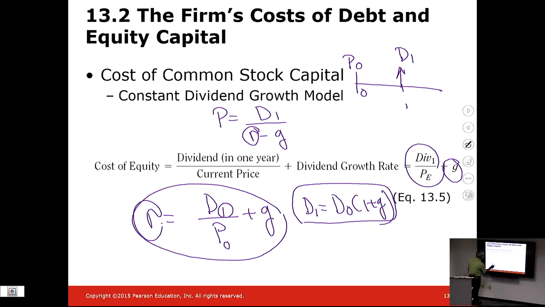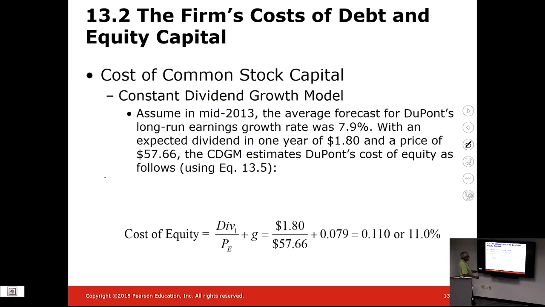Again, this is the expected return that investors in the common stock are expecting from their investment in this stock. So what is returned to the investors is the cost of equity to the firm. So here we have an example.